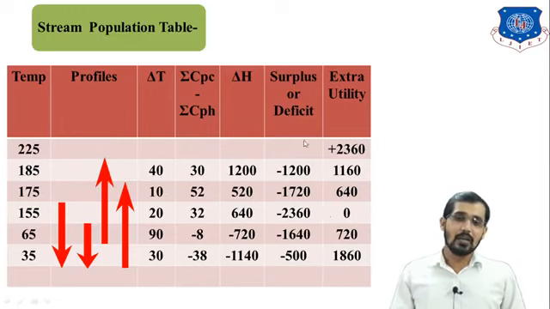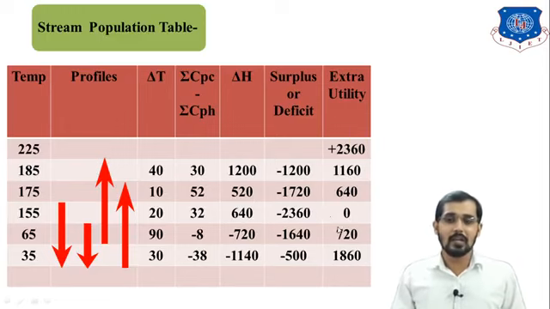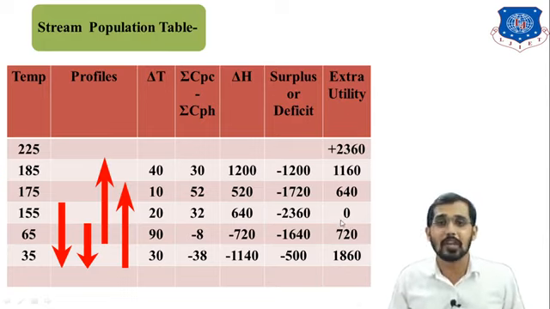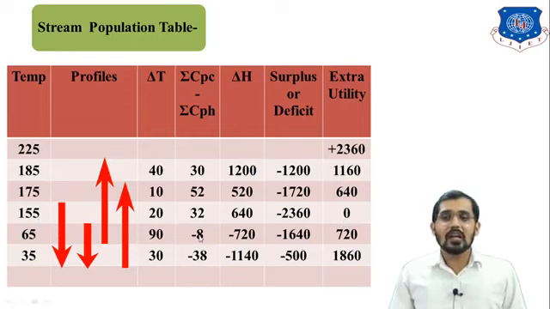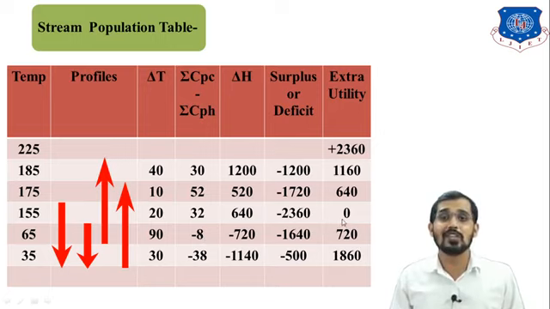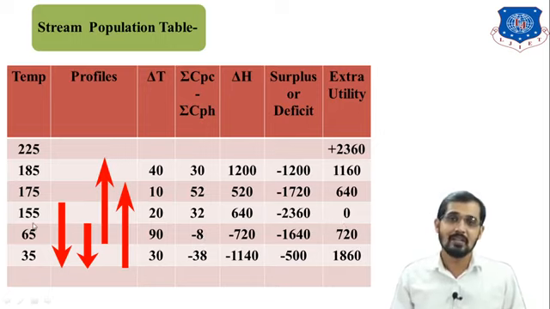Now you can see in this table, in extra utility, one value is 0. This 0 value is nothing but related to the pinch temperature. The temperature related to this 0 heat is nothing but your pinch temperature. So the pinch temperature is nothing but 155 degrees Celsius, and the heat is nothing but 0.